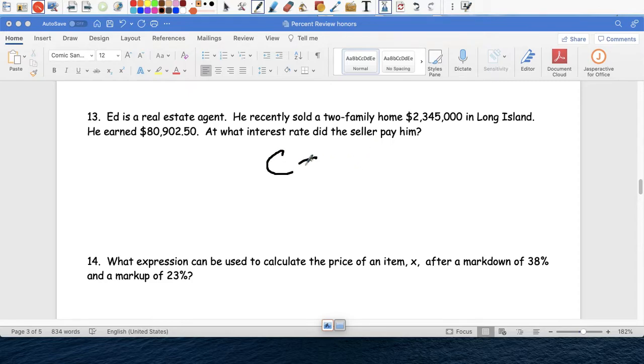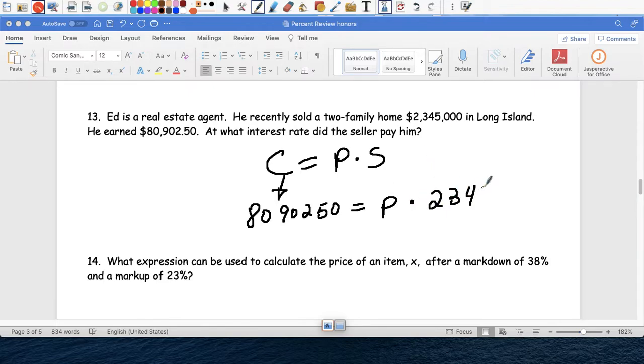Well, commission is percent times sales. He took home $80,902.50. The percent is what I need to find, and the price of the house was $2,345,000. Divide both sides by $2,345,000. This one's pretty simple.